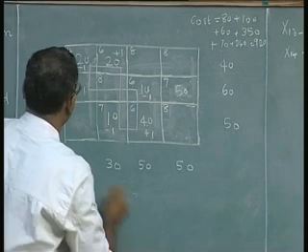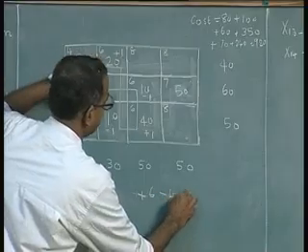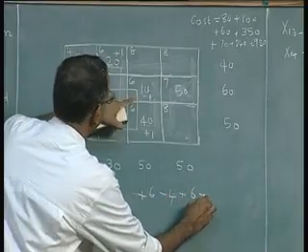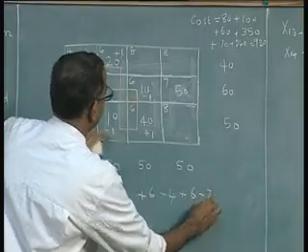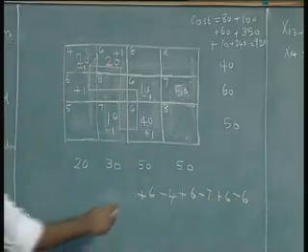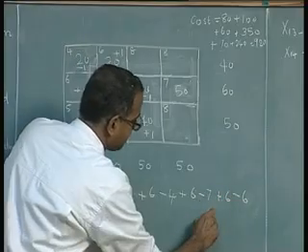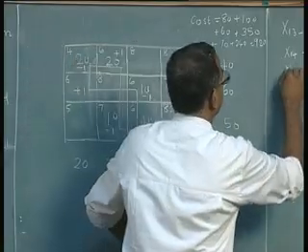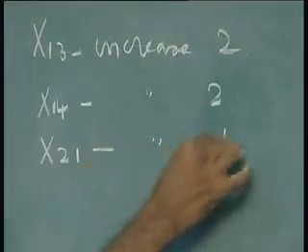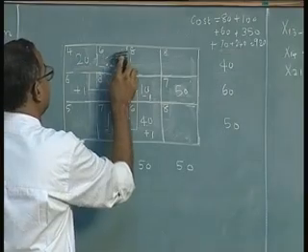So the effect will be plus 6 from here, minus 4 from here, plus 6 from here, minus 7 from here, plus 6 from here, minus 6. So 6 minus 4 is 2, plus 6 is 8, minus 7 is 1, 1 plus 6 is 7, minus 6 is 1. So putting it in x21 would give us an increase of 1. Now let us go back and try the remaining 3 positions quickly.